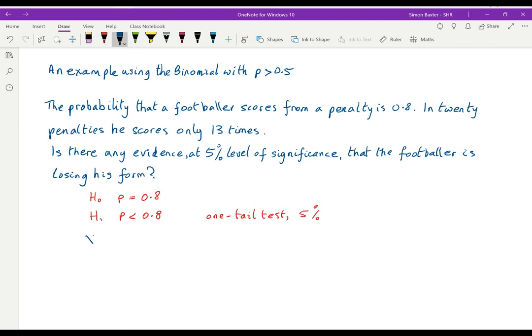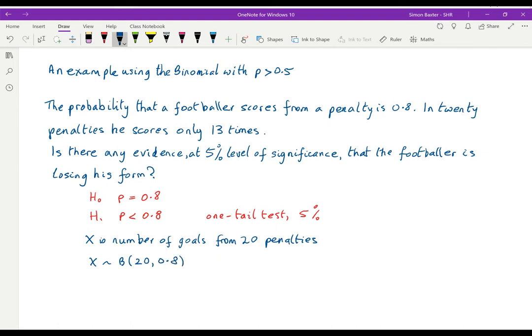Well, suppose that x is the number of goals from 20 penalties. Then we're looking at x as binomial 20, 0.8.